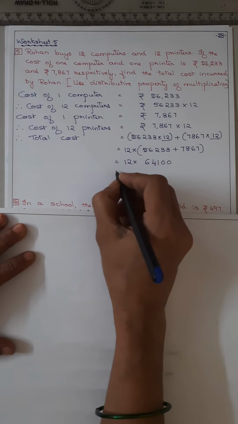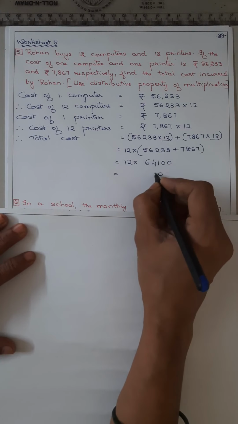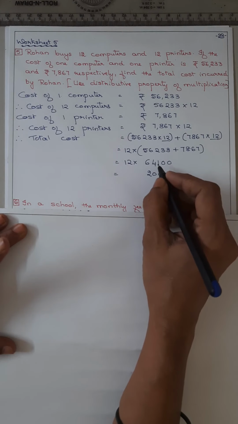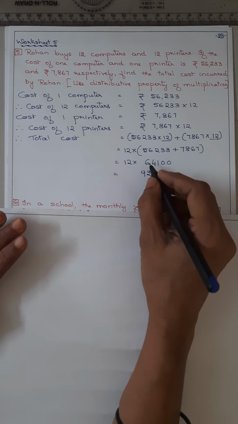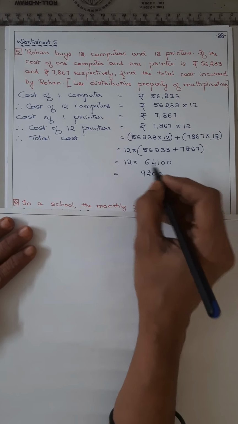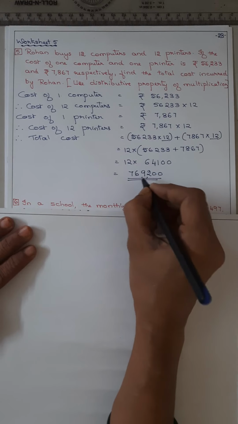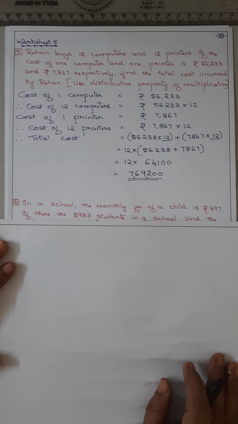Now multiply. 12 zeros are 0, 12 zeros are 0, 12 ones are 12, 12 fours are 48 plus 1, 49, 12 sixes are 72 plus 4 is 76. So you got 7,69,200.